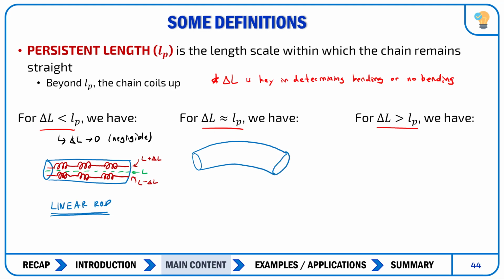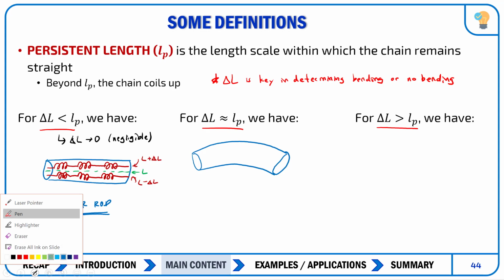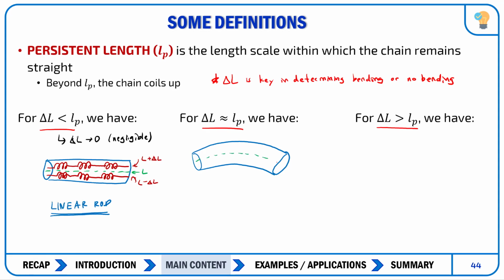I know this looks like a bend already, but we have this being L, this being L plus delta L, and this being L minus delta L. Or it could be L minus LP or L plus LP.